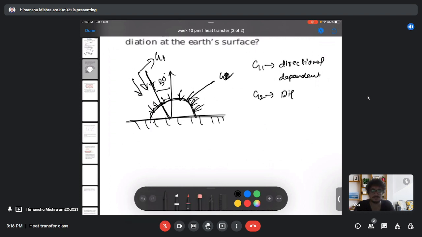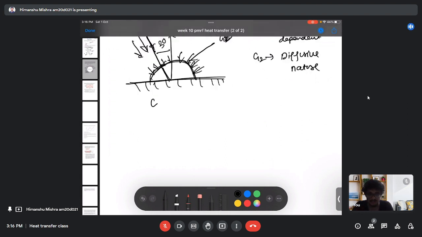That means it doesn't depend on the direction, it is coming from every side, making roughly a hemispherical surface around the body. So my total irradiation will be given as G1 plus G2.